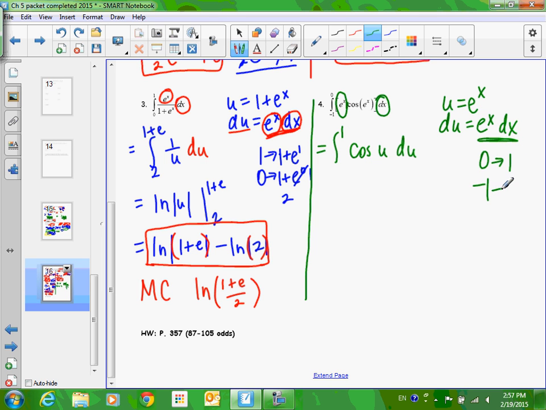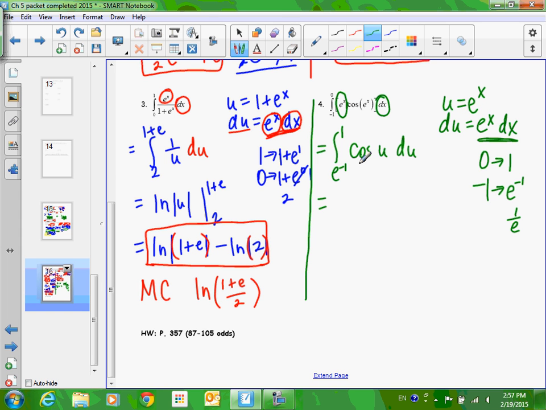All right, what does the lower bound, negative 1, turn into? Yeah, e to the negative 1, or you could call that 1 over e. They mean the same thing. It doesn't really matter which one you choose because they're both equal. Okay, what's the antiderivative of cosine u? Sine.